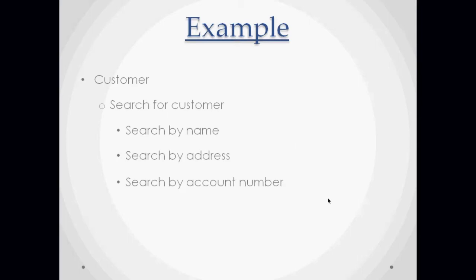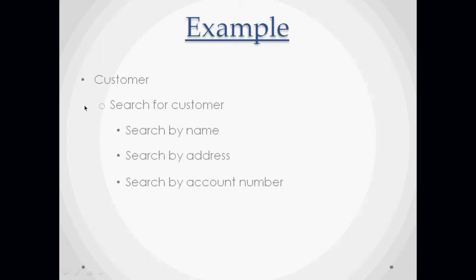Whenever I search by address, maybe I can say 22 Lovett Road, Bristol, I need to be able to find it. And I want another functionality to search by account number. Once I get the account number, I can search them as well. So this could be a requirement, or even more than one requirement. You understand?